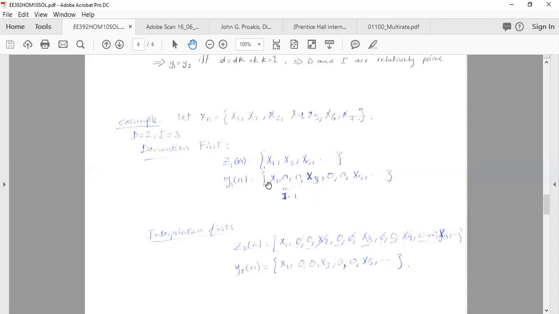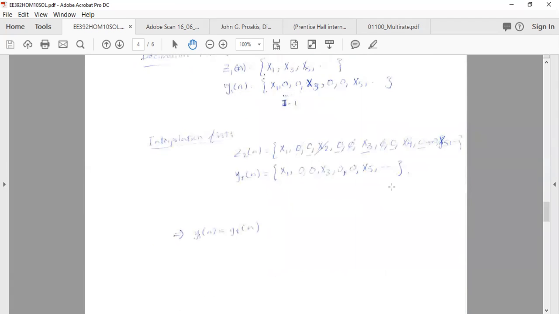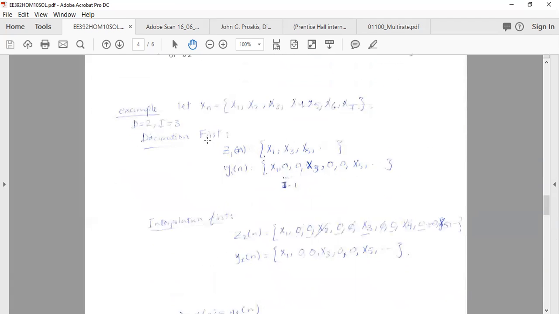In this case I is equal to 3, so I minus 1 gives 2. So we add 2 zeros after every element. So x1, then 2 zeros, then x3, then 2 zeros, and so forth. That is if we compute decimation first.